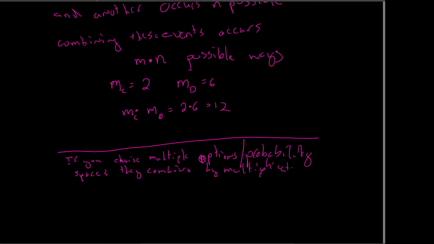Now we're going to expand and hone this rule over and over, and that just says if I have event 1 and event 2, if I combine all these simple events into one combined event, they multiply. Let's look at an example of this.